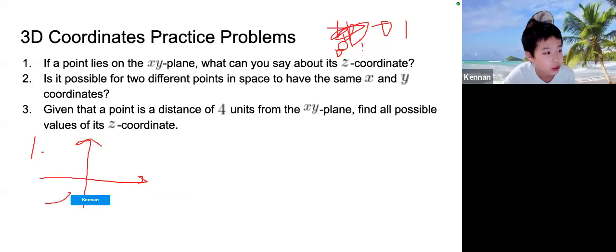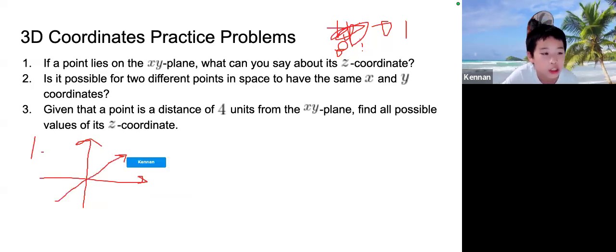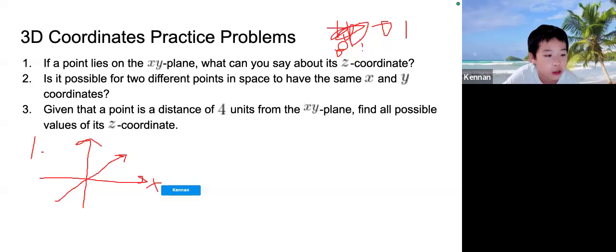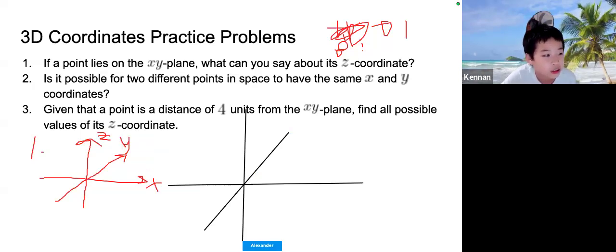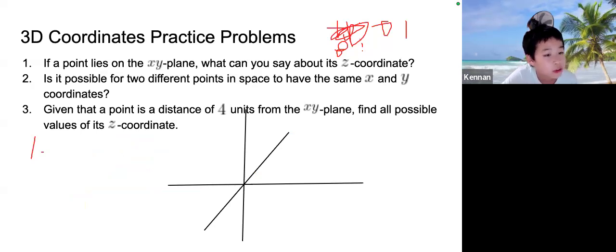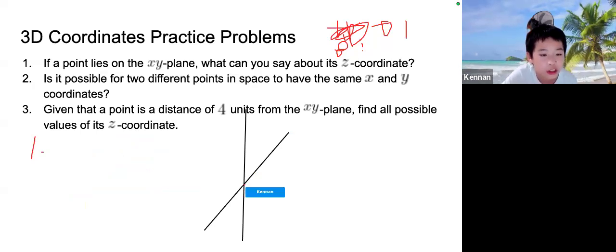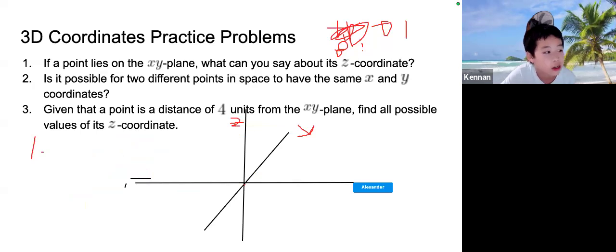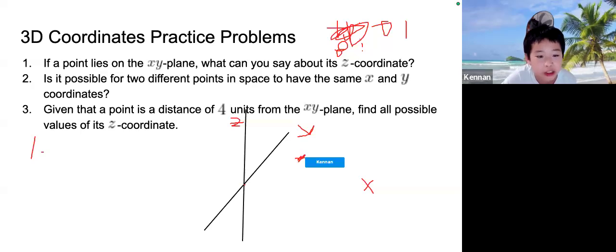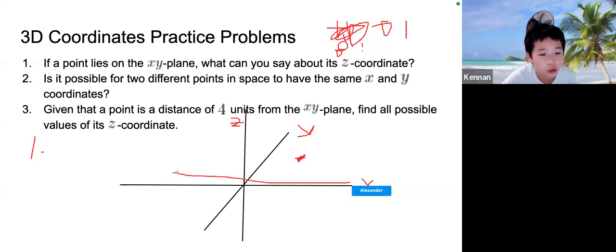Suppose this is 3D space, and this is X, Y, and Z. Suppose we have a point on the xy plane, let's say over here, then we know its z coordinate is obviously 0 because it's on xy. So that's the first one.